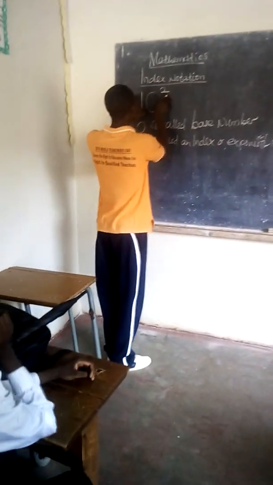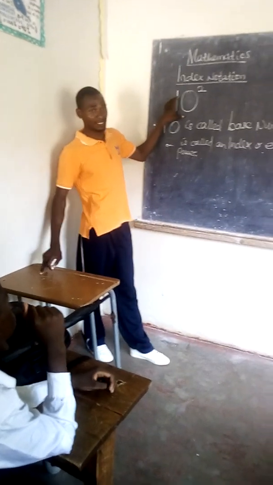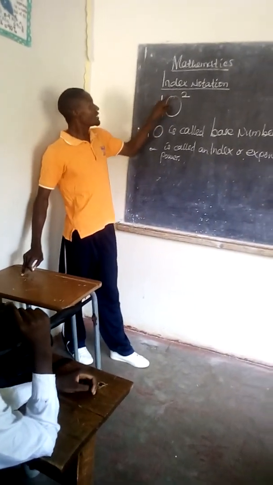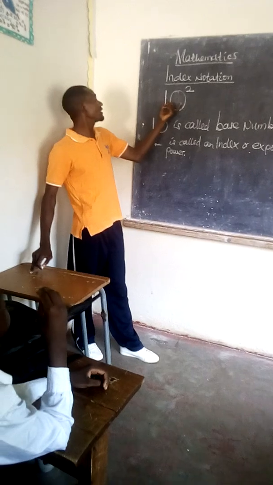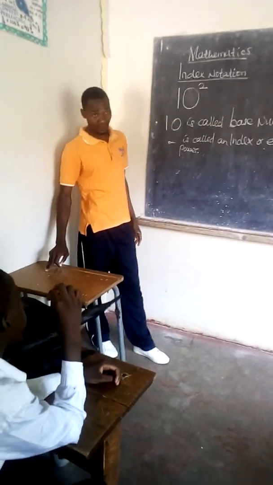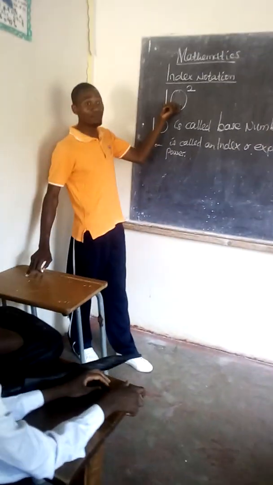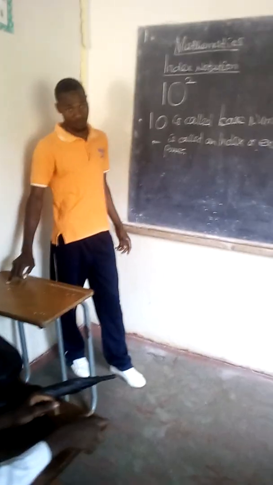The reason we have written 10 to the power 2 is that this 2 shows us how many times this 10 can be multiplied by itself. How many times can this 10, which is called the base, be multiplied by itself?